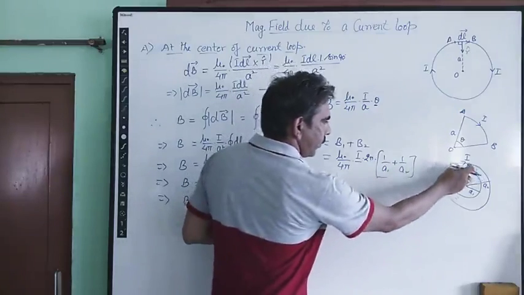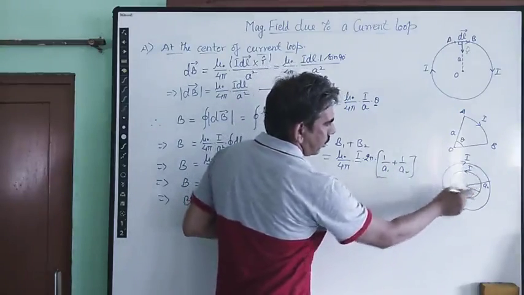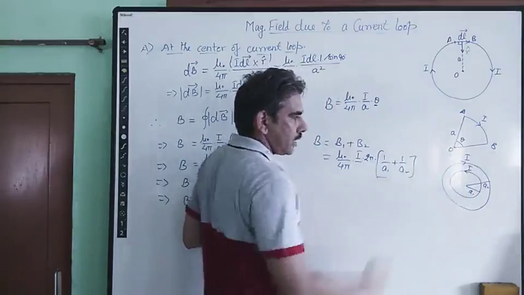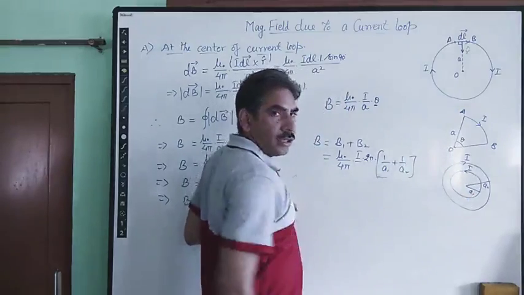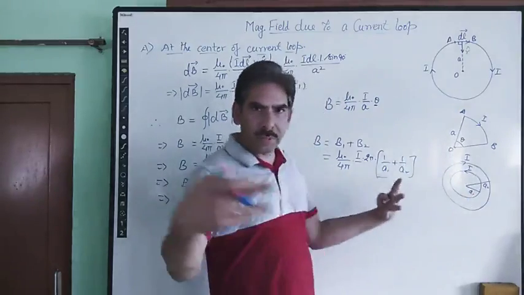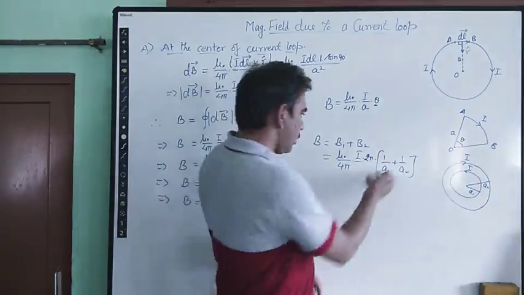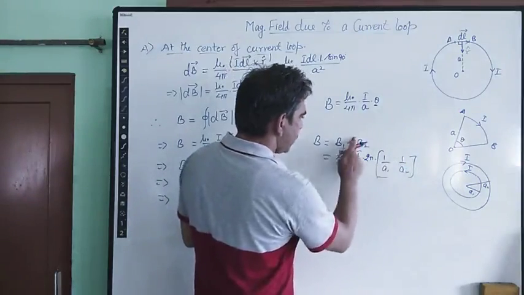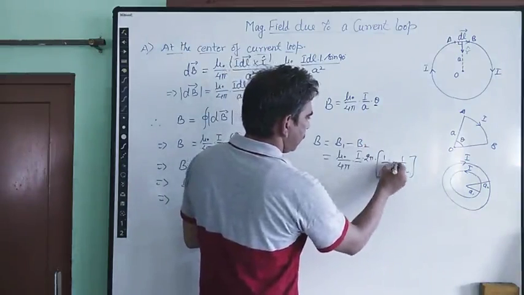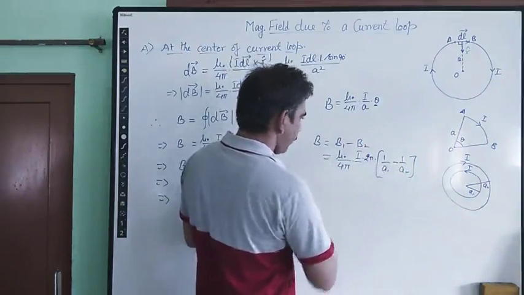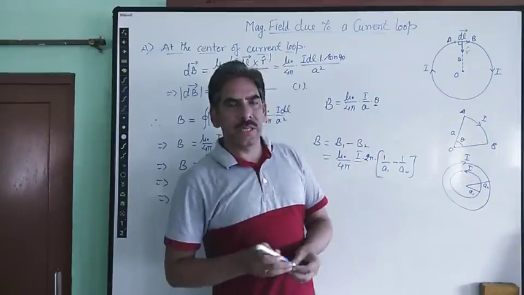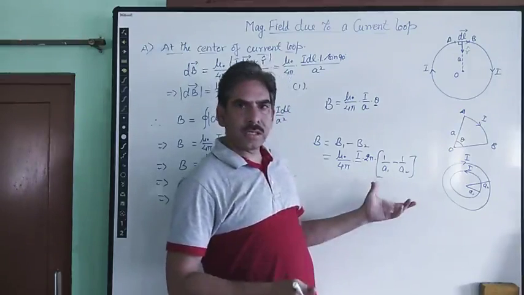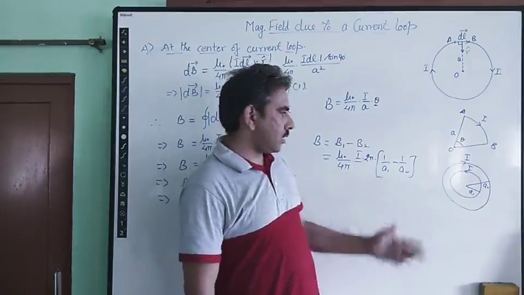And if the currents are flowing in opposite directions, one coil carrying the current clockwise, the other coil carrying the current anti-clockwise, the direction of the magnetic field will be different at the center. In that case, it will be represented with a minus sign here. Just like that. One which is giving the higher value of magnetic field minus the magnetic field which is less.